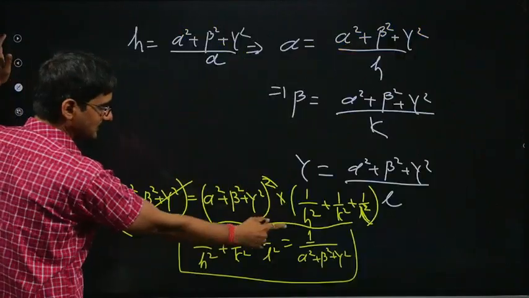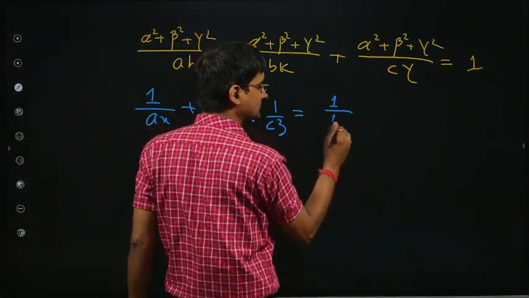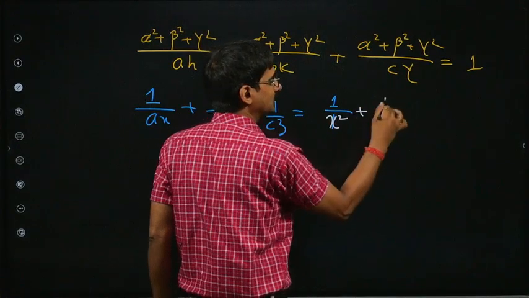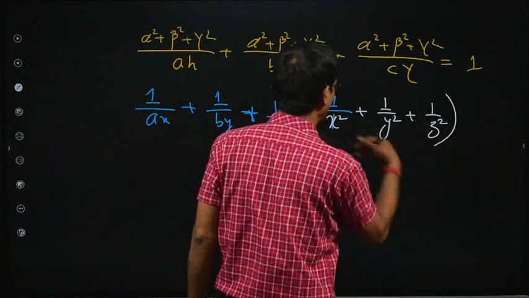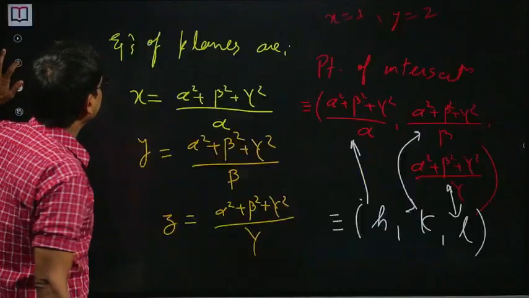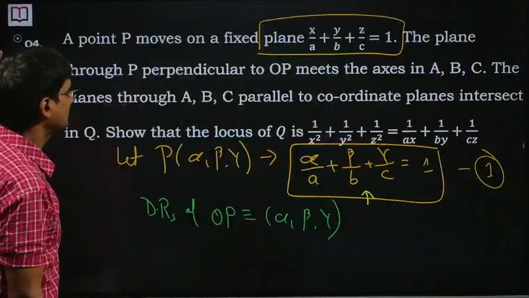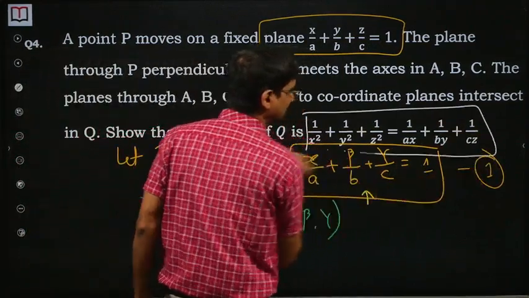So that's what we got here. So it is nothing but 1 by x square plus 1 by y square plus 1 by z square, and that should be the answer here. So that's what we have to prove.